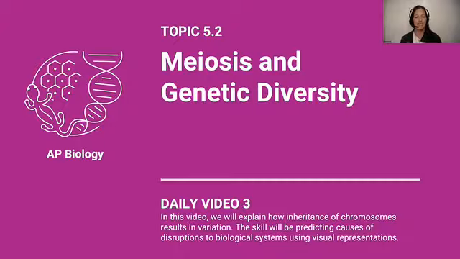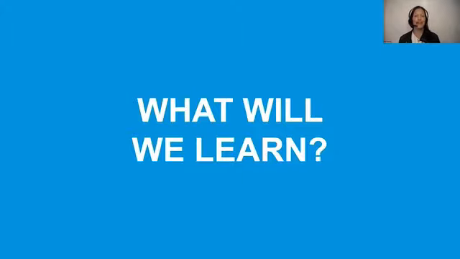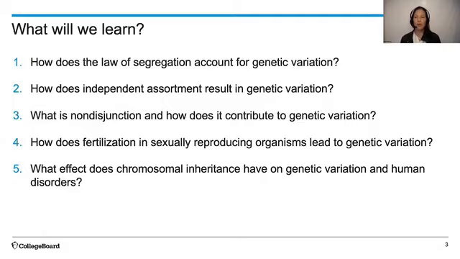So let's get started. What will we learn in this video? We're going to look at 5 different things. The first is, how does the law of segregation account for genetic variation? The second, how does independent assortment result in genetic variation? What is non-disjunction and how does it contribute to genetic variation? I hope you're starting to see a theme here.